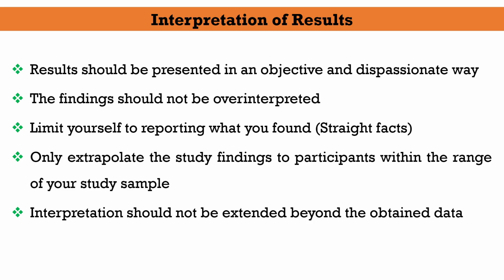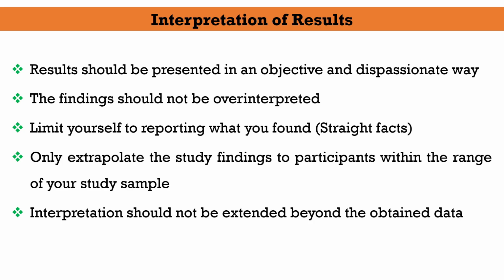It is also important that we only extrapolate the findings to participants within the same sample range. So if our study had a sample size of 100, we should not extend it to a larger sample size. This means we only stick our interpretation to the data that we obtained.